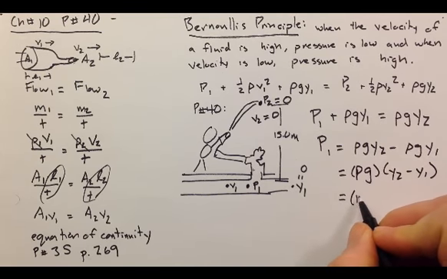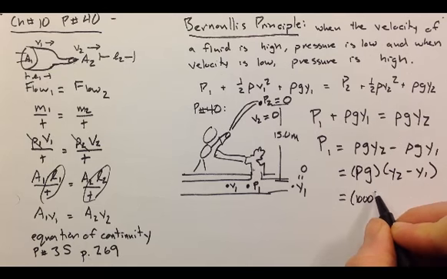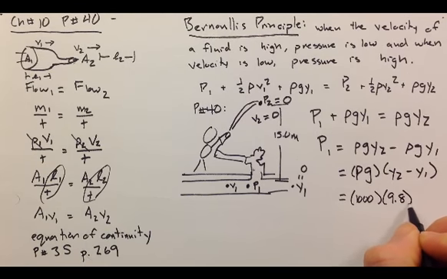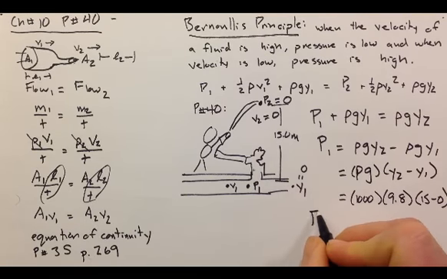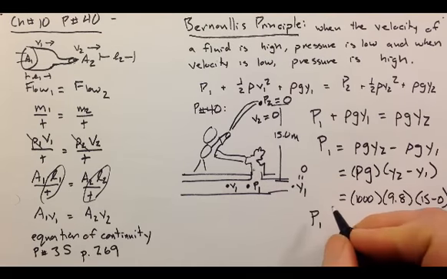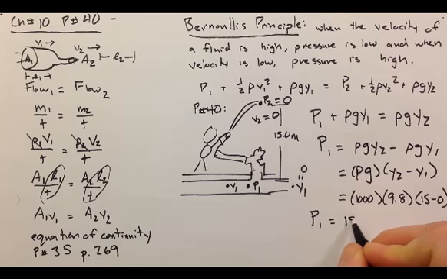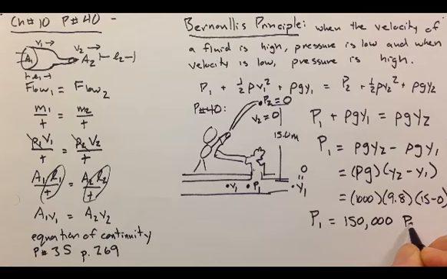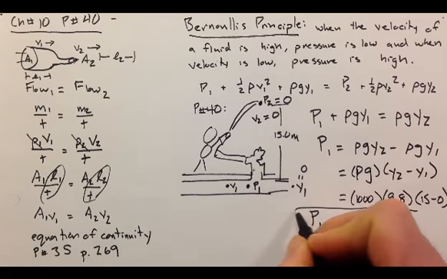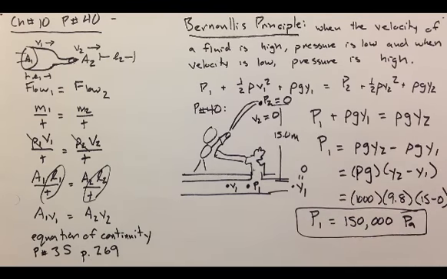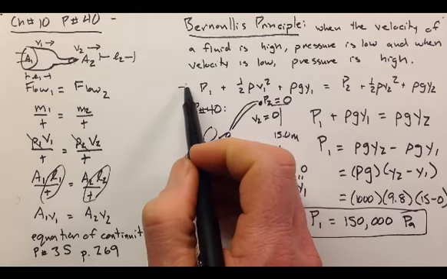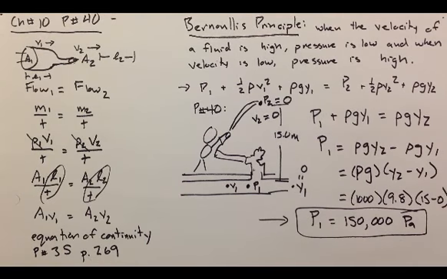So this is going to be 1,000 kilograms per meter cubed times 9.8 times (15 minus 0), which means that the pressure in our water main here is going to be 150,000 pascals if we multiply this all out and round to the correct number of significant figures. All right, so that's a good application of Bernoulli's equation there.